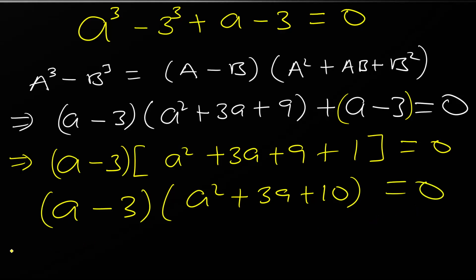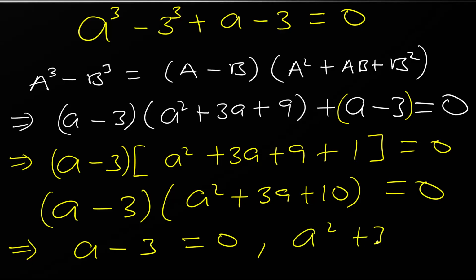So let's apply the zero product. a minus 3 equals 0, or a squared plus 3a plus 10 equals 0. So the first answer is 3. So we have a equals 3.